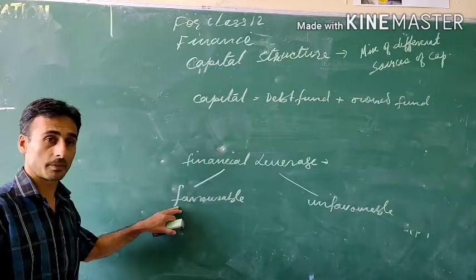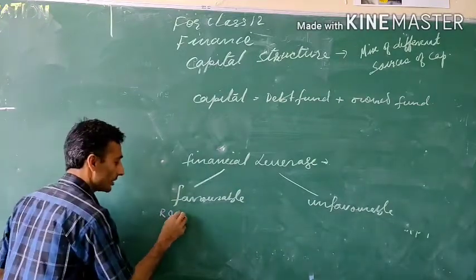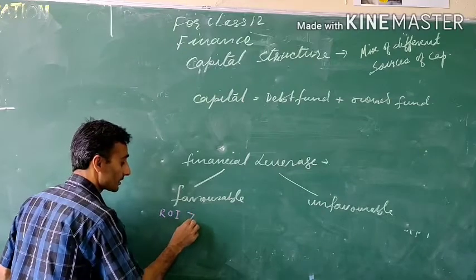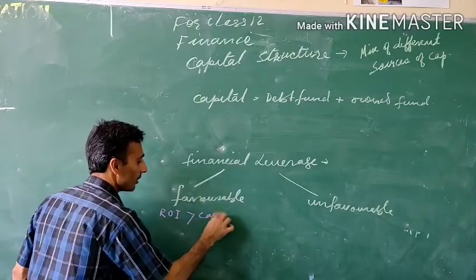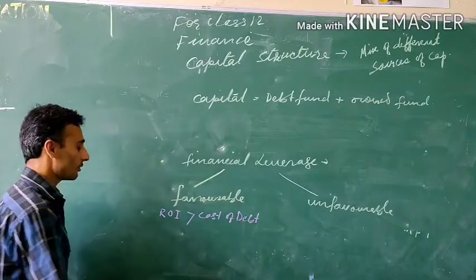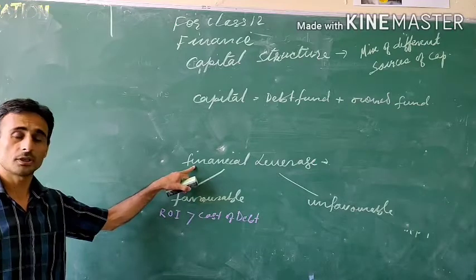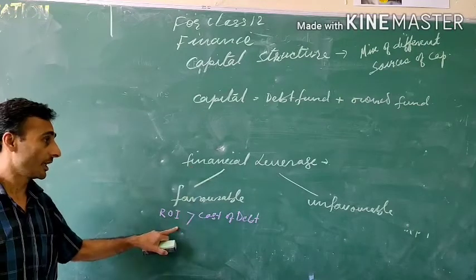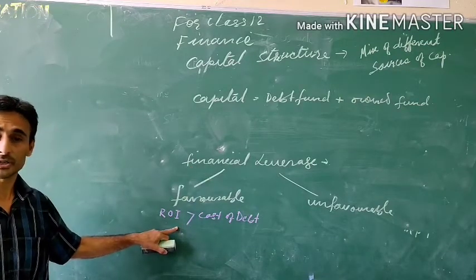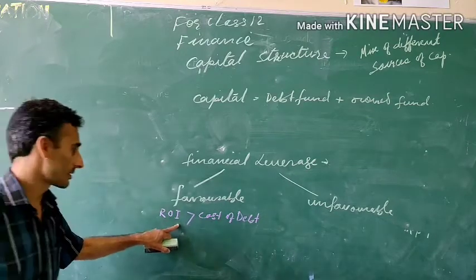Now, it is favorable, good for the equity shareholders, when return on investment is greater than your cost of debt. When the rate of return is greater than cost of debt, it is good for the shareholders because this will increase the earning per share. This will maximize the wealth of the shareholders.